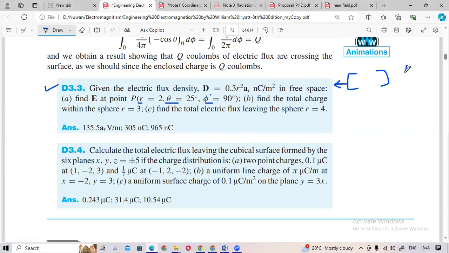Cartesian coordinate system is related with XYZ. So here we have r, θ, φ. So what is that coordinate system?